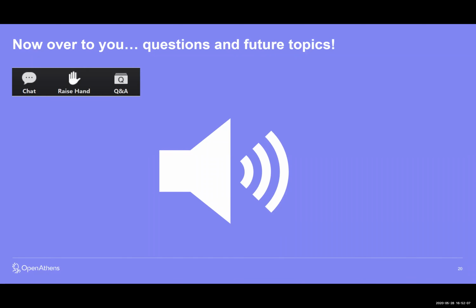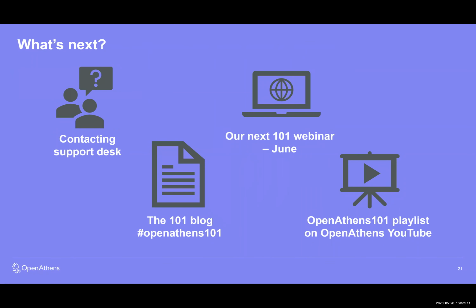If not, we can move on with the next few topics, but it'll be good to get your feedback. I had the first few yeses coming in, so I think we'll carry on. Lots of yeses. Okay, cool. And on that, any other future topics, please let me know.